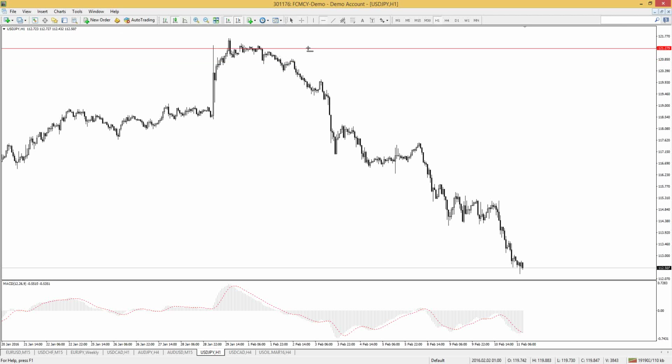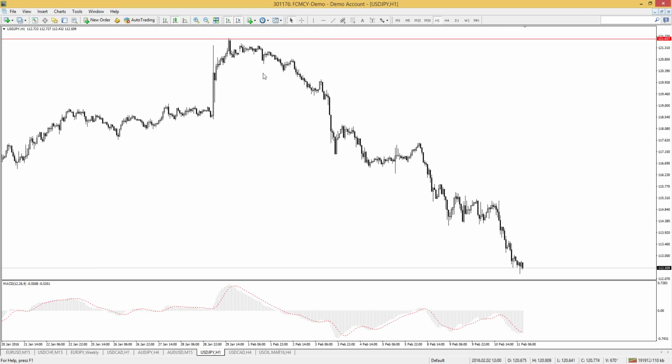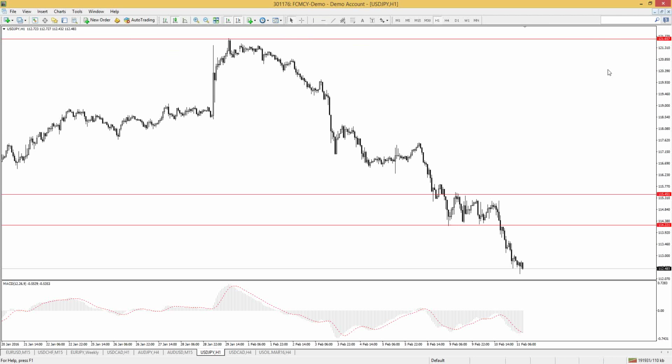So this actually has triggered more risk aversion in the markets, and because the Japanese yen is considered a safer currency, we saw an increase in the demand for the Japanese yen, and the USD yen dropped further. And we see here that the USD yen reached a 15-month low at 112.30.